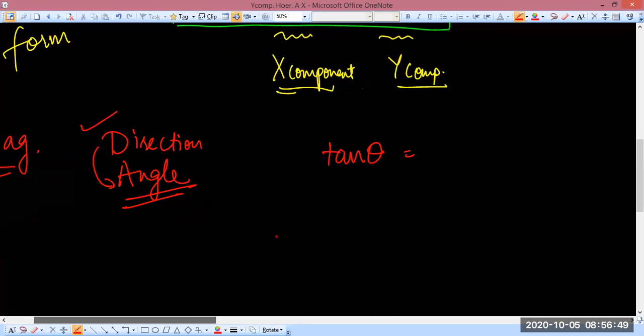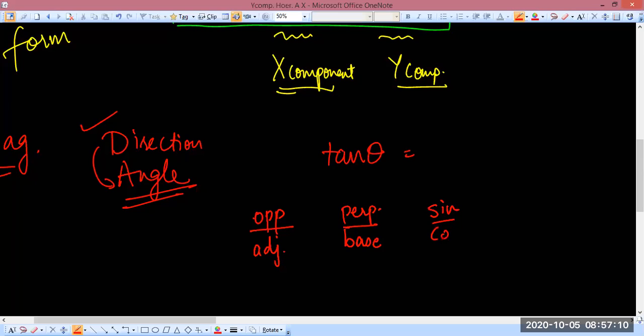Okay, see, there's just a little advice that I want to give all of you. Some of you are saying that tan theta is equal to opposite upon adjacent. Some of you are saying that it is equal to perpendicular upon base, right? Okay, and some of you have said it is equal to sine upon cos.